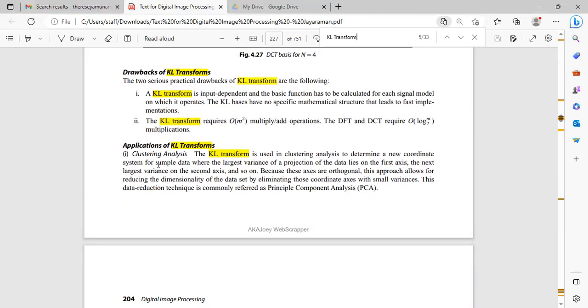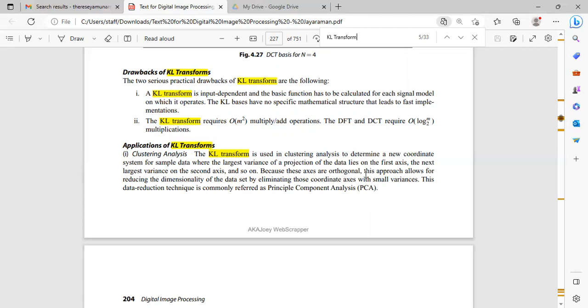Applications. We have seen k-means clustering. For clustering analysis, KL transform is used to determine a new coordinate system for sample data, where the largest variation of a projection of the data lies on the first axis, the next largest variance on the second axis, and so on.